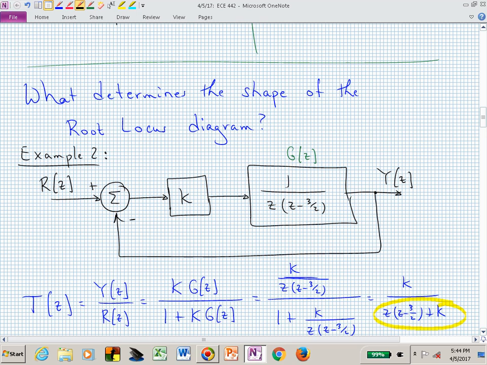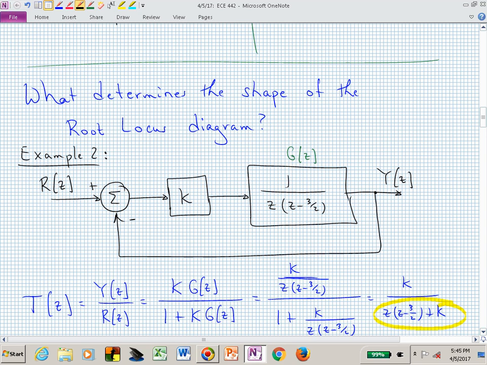Now I'm showing you, if you found the closed loop transfer function between R and Y, that's kG over 1 plus kG. You plug in the k, that's just a constant, and you plug in the G. I now have a pole at the origin and a pole at 3/2.